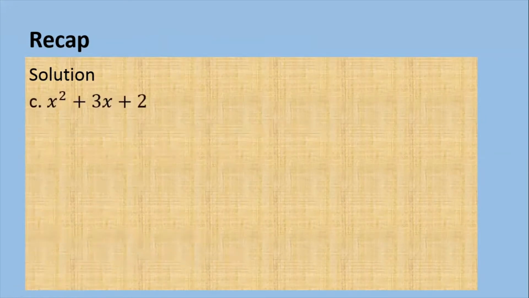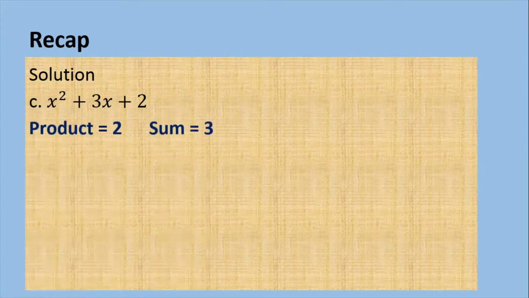Part C, x squared plus 3x plus 2. Here we can use the sum and product. You need to find two factors that multiply to give 2, and when you add them, you get 3. That will be 2 and 1. Easy.